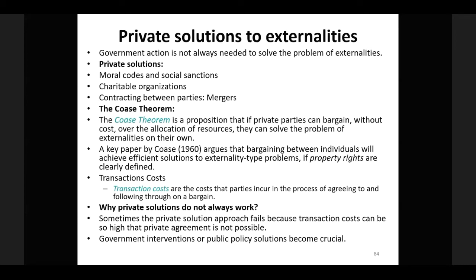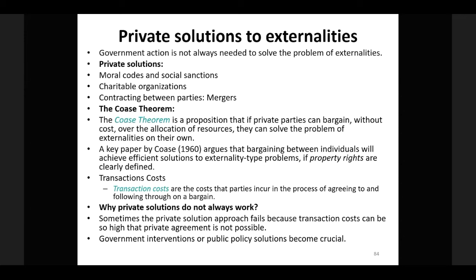The Coase theorem says it's a proposition that if private parties can bargain where bargaining costs are not high or cost of transaction is not high, they can arrive at efficient solutions to externalities on their own, especially when property rights are clearly defined.